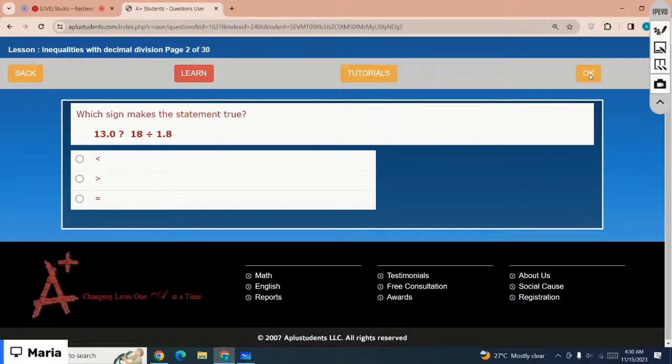Okay, the next one is 13.0 and 18 divided by 1.8. So which is the correct option?